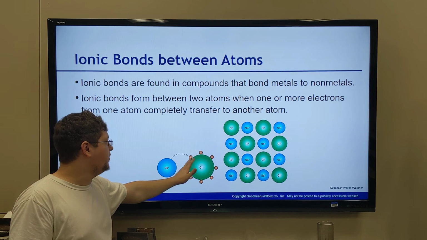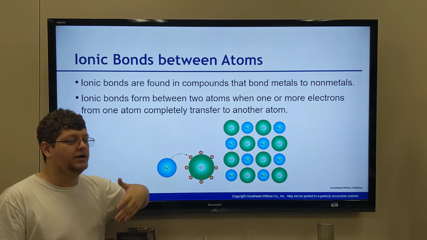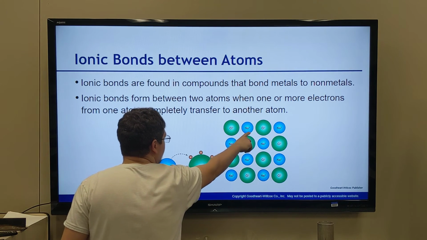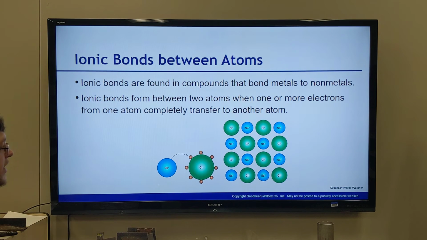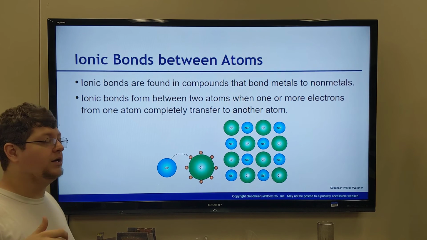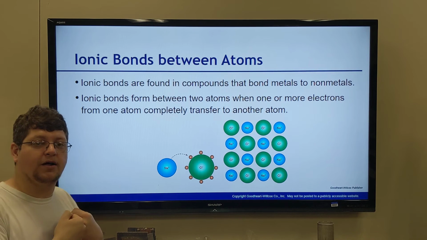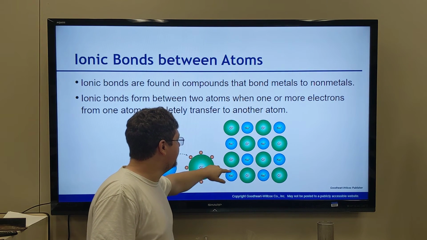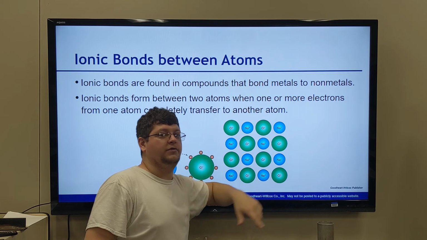Just like with this one, because it gained the extra electron, now it's negatively charged. That's why you see the Cl negative and Na positive, letting you know that there's a negative and positive. And like the north and south poles on a magnet, negative and positive attract each other. So you've got negative, positive, negative, positive, negative, positive.